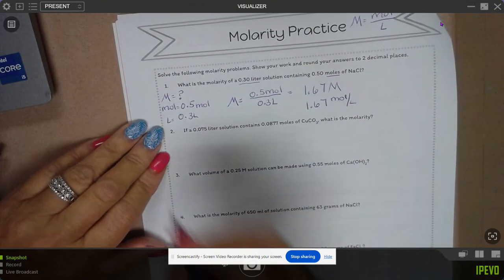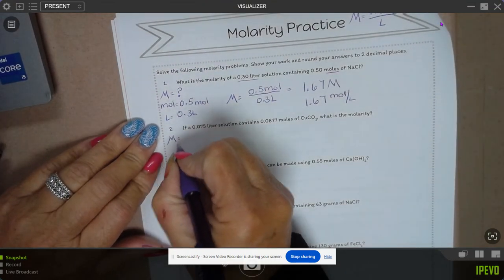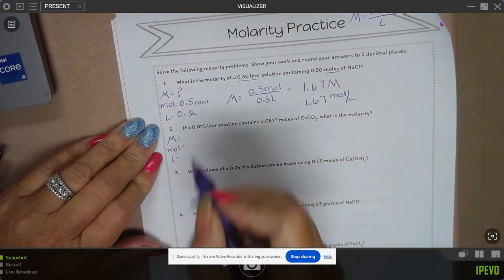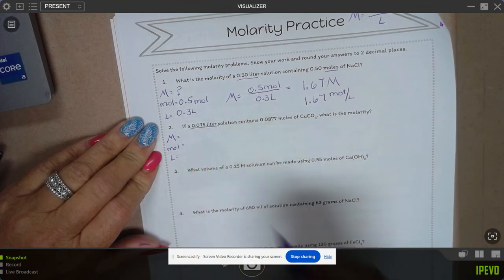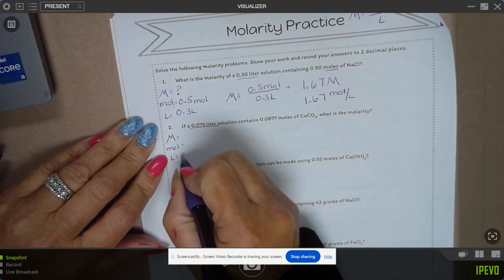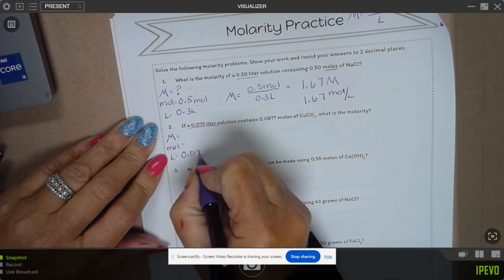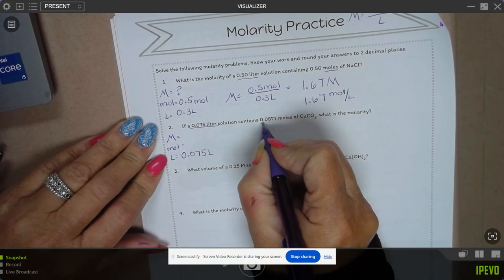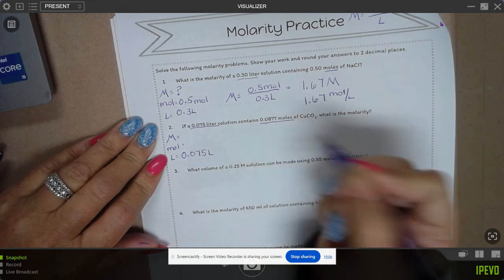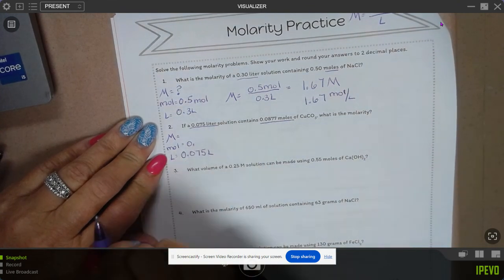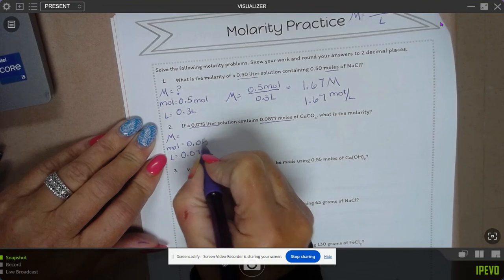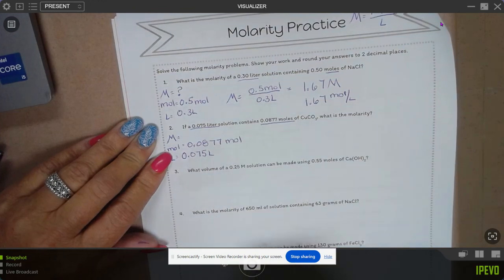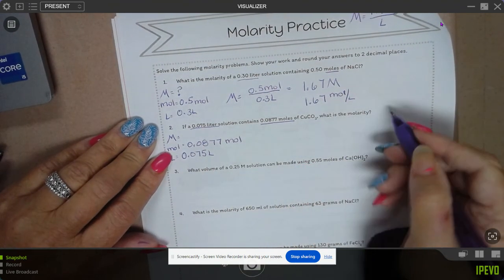If a, so I'm going to put my variables here again, molarity, moles, liters. If a 0.075 liter solution, so I've got my liters again, 0.075, contains 0.0877 moles of copper carbonate, what is the molarity?